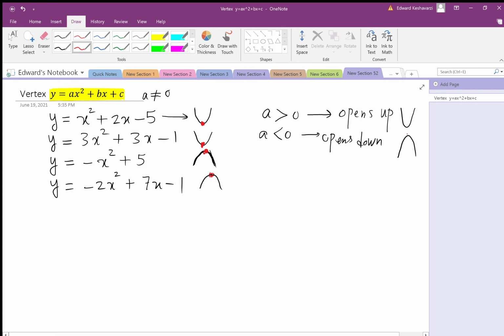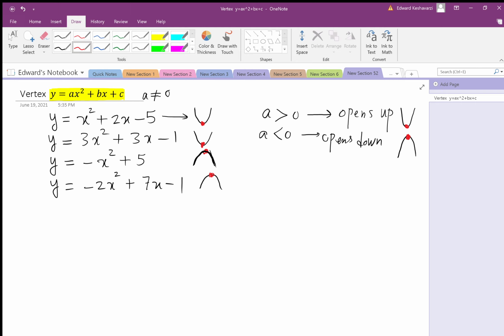See, all those points. These points are called vertex. So in case that a is larger than 0 and it opens up, vertex is the minimum of the quadratic function. And then when a is negative, where the quadratic function opens down, the vertex is the maximum.